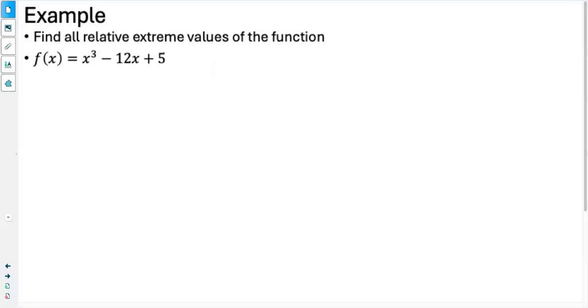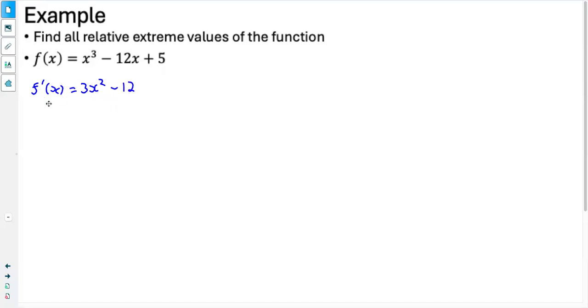So first thing I will do is take our first derivative so that we can solve for locations of any extrema. So our derivative of x cubed is 3x squared, our derivative of negative 12x is negative 12, and our derivative of 5 is just 0.